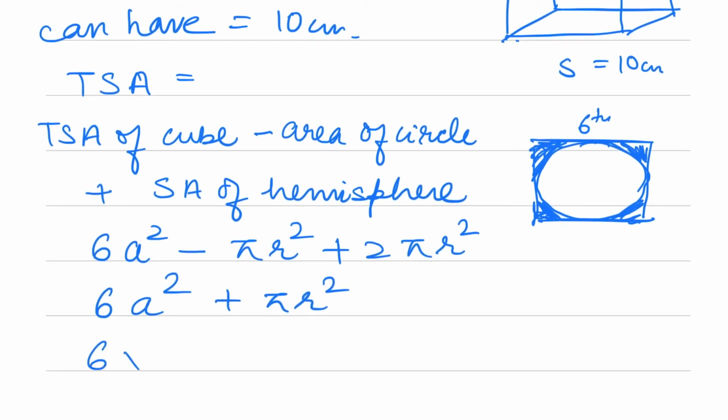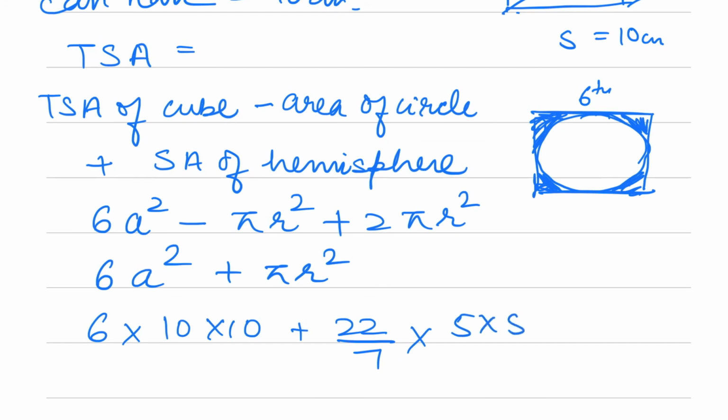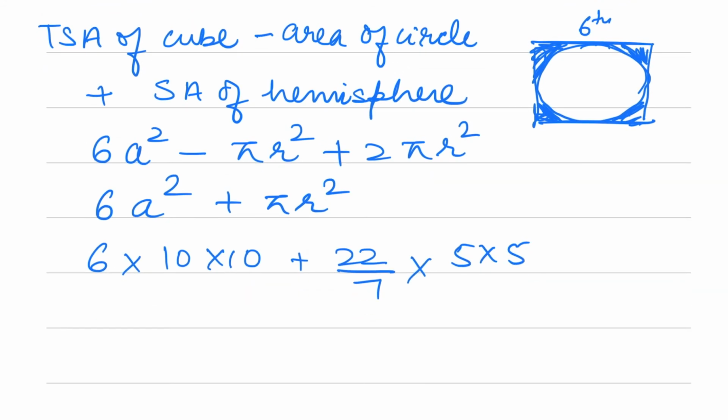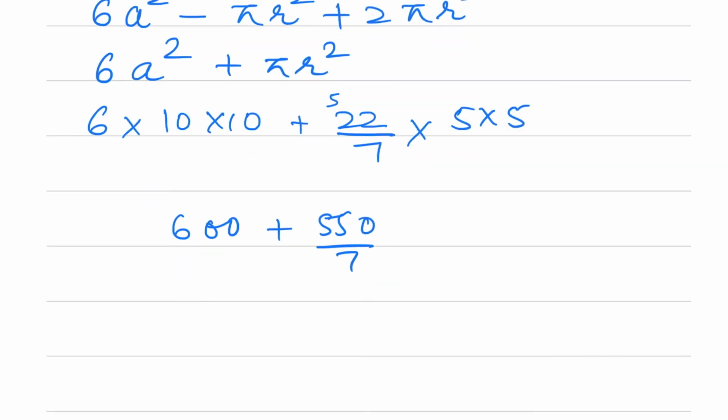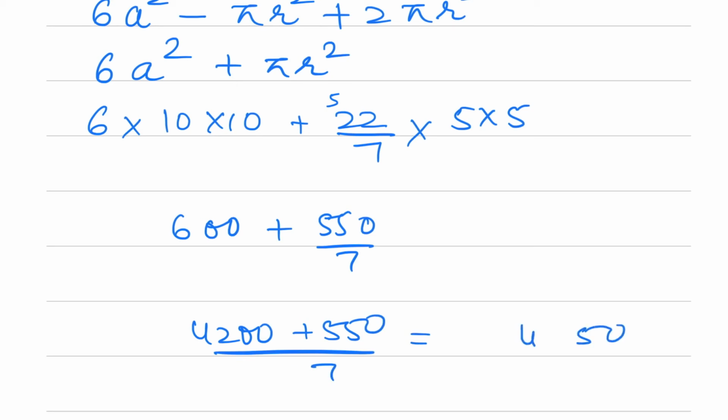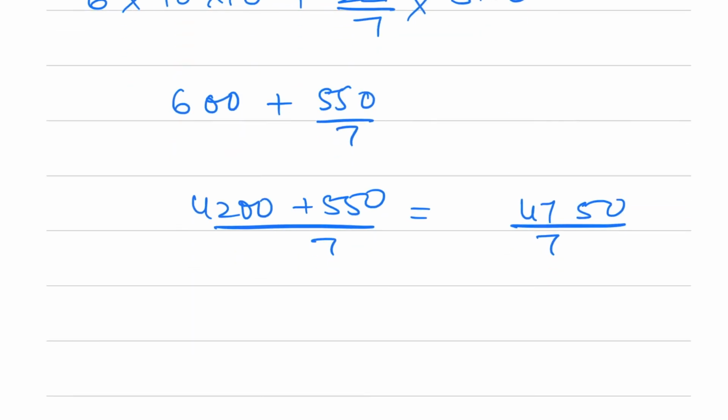So now 6 into 10 into 10 plus 22 by 7 into 5 into 5. So this we have 600 plus 550 by 7, which is 4200 plus 550 divided by 7, and we get 4750 by 7.